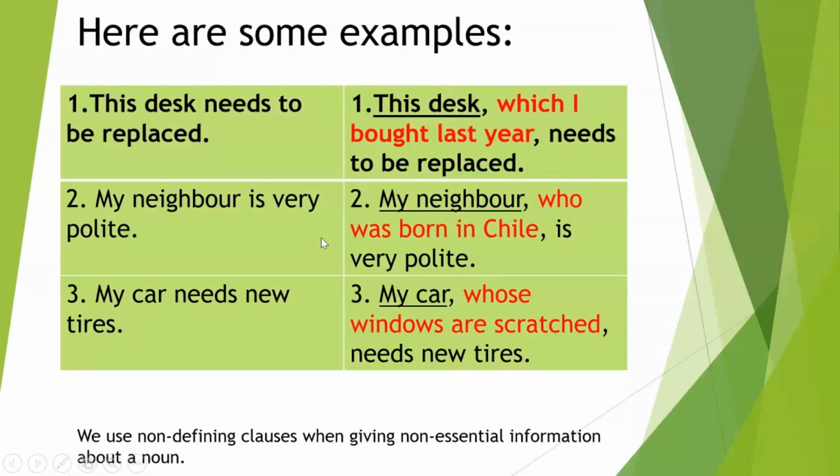So let's take a quick look here. So we are using which for a thing, who for a person, and whose to show possession. Now in this example, we're using whose to show possession for a thing, which is a car, but we can also use whose for people as well.